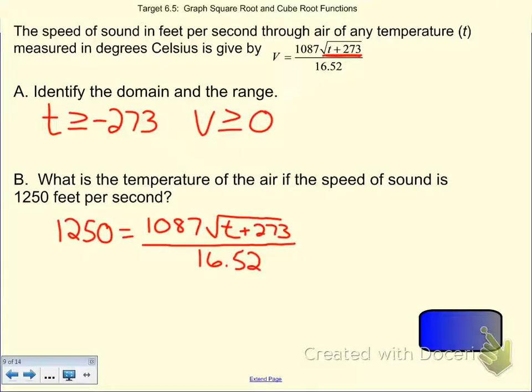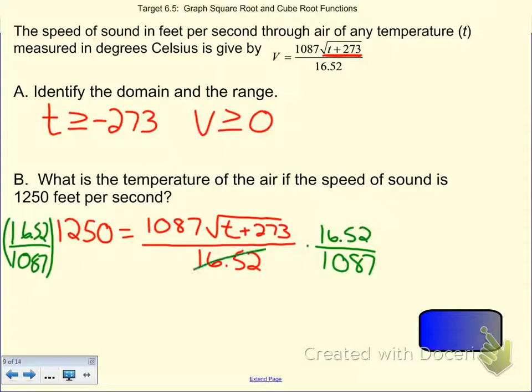Now, doing this math, I'm going to multiply both sides by 16.52. Then I'm also going to divide by 1,087. They're going to cancel on the right-hand side. On the left-hand side, you put that all in your calculator, and you get an answer of 19. So 19 equals the square root of T plus 273.